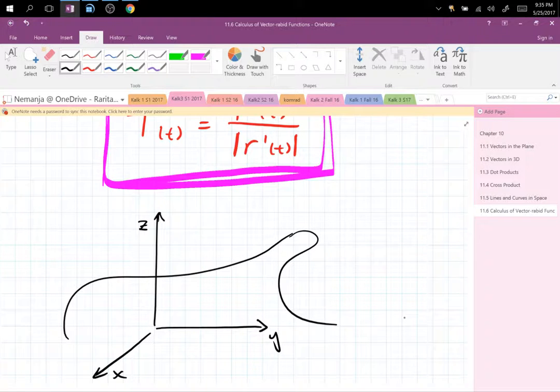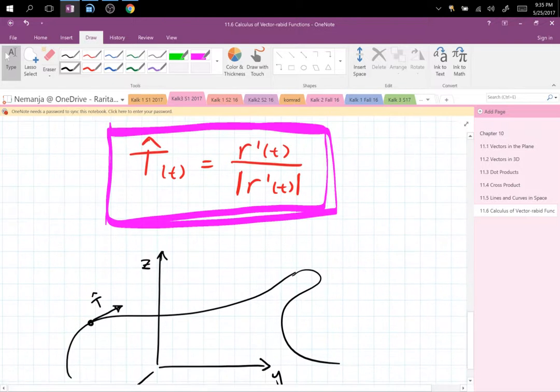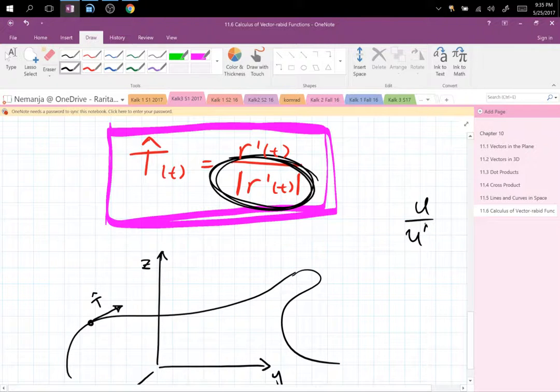There is going to be a tangent vector, and since it's a unit tangent vector, its magnitude is 1. That explains this part of the formula, because you know that when you divide u by u's magnitude, you get the unit vector, right? You learned that so far, hopefully.